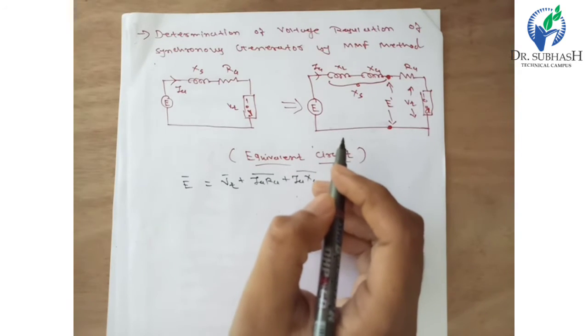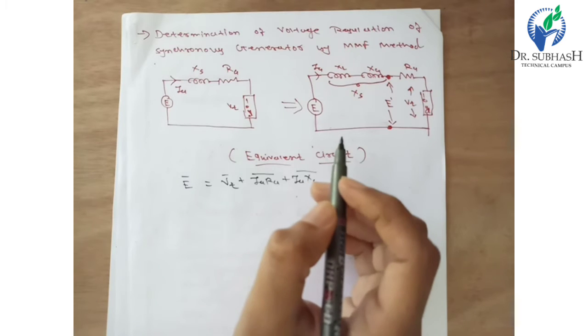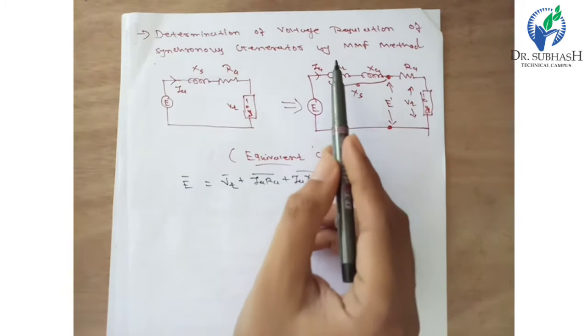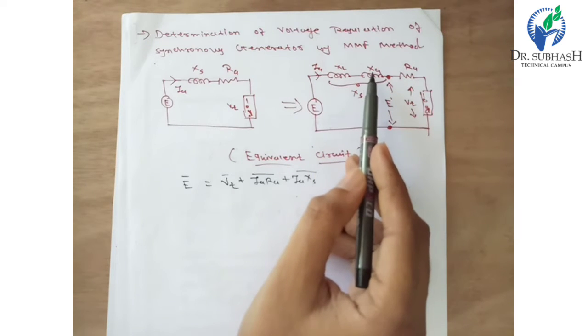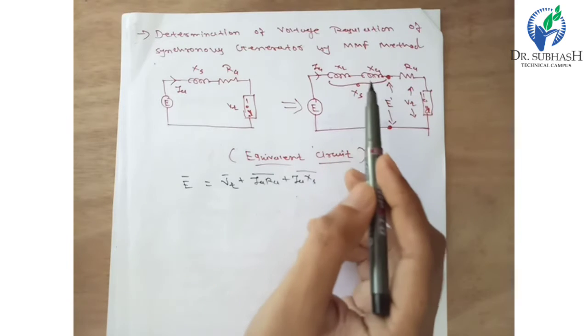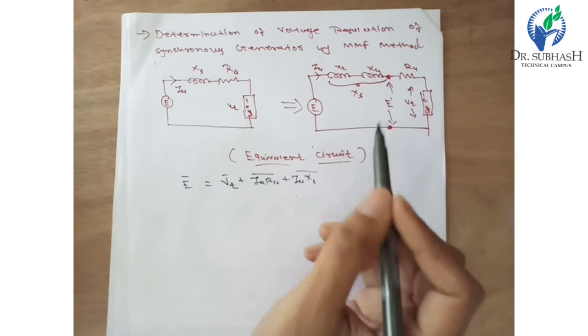In this figure, we have to split the synchronous reactance into two parts, XL and XA. Let the voltage across point A and point B be E dash.